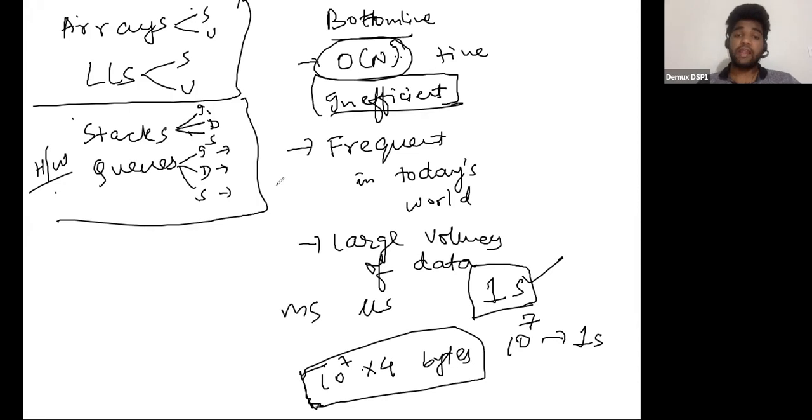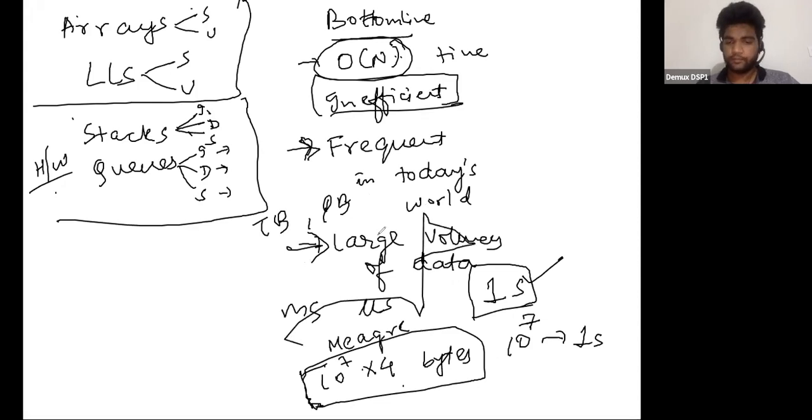And you cannot afford that in today's world, because the frequency at which these requests come is very large, and the volumes that we work with are far larger than this quantity. We work with terabytes and petabytes of data, not even gigabytes. This is just 40 megabytes, right? It is nowhere close to the volume that we work with.